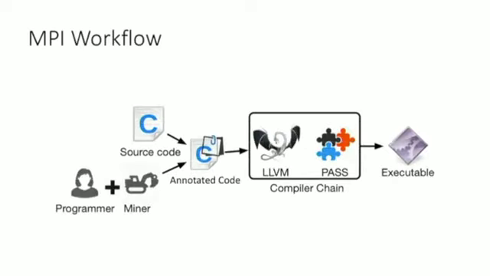The basic workflow is that programmers or the investigators first will have to annotate the program to tell us, okay, this is the perspective of the task I want. And then we will use our LLVM toolchain with some customized passes to compile the program, perform the analysis and the instrumentation, and then generate the executables.